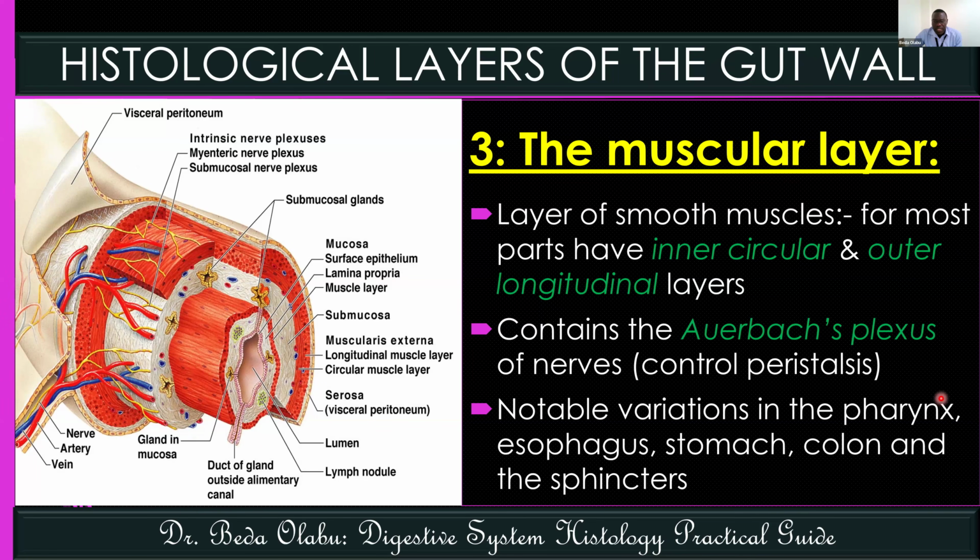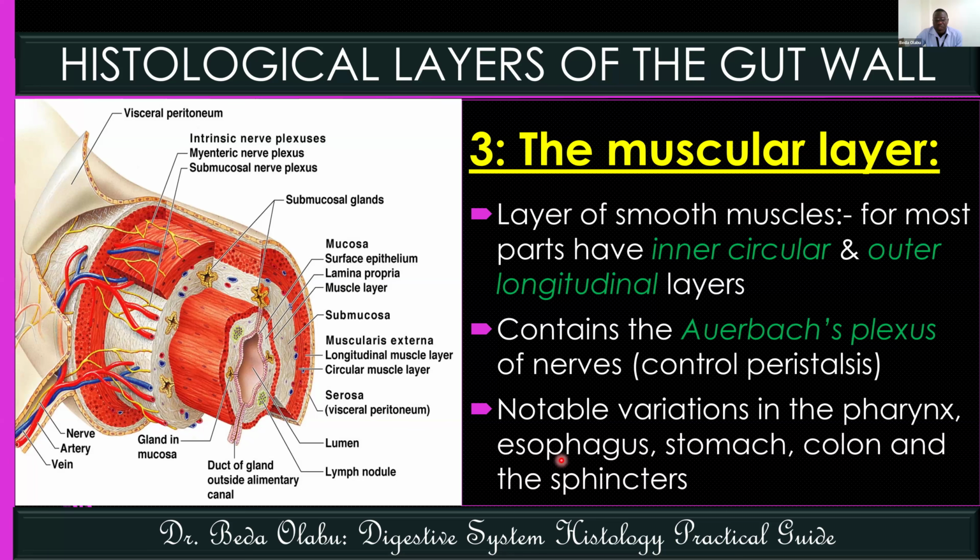Some variations exist on the muscularis propria. For example, in the pharynx, the muscles are skeletal muscles as opposed to smooth muscles, although they are still involuntary skeletal muscles. The other variation in the pharynx, the fact that pharyngeal muscles will be more of inner longitudinal orientation and outer circular orientation.